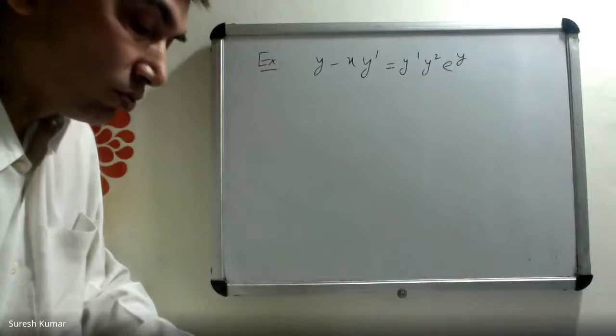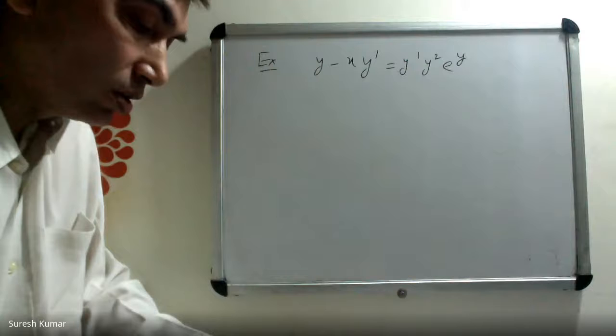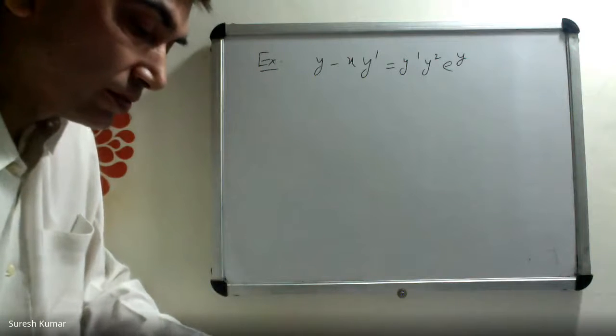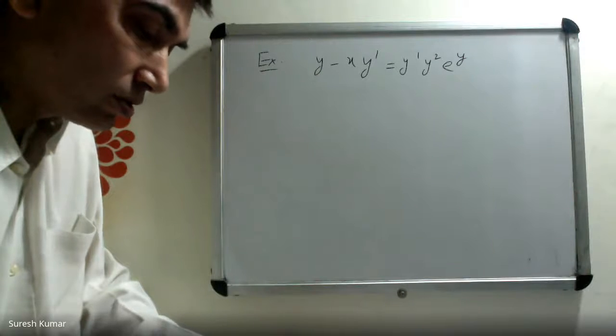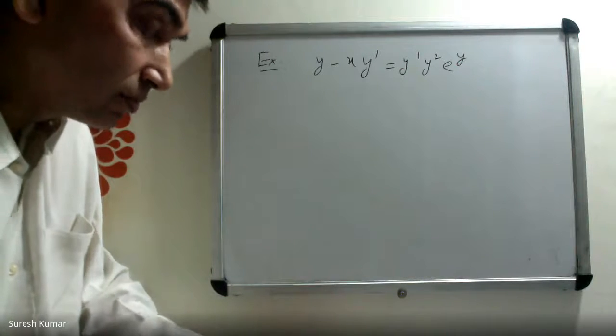Yeah, that is one approach. Yes, you're able to think of the exact differential. Another approach: we can divide by y square. Dividing by y square, how does it help? Okay, try it. Let me write the answer also. So dividing by y square makes x by y on the LHS.